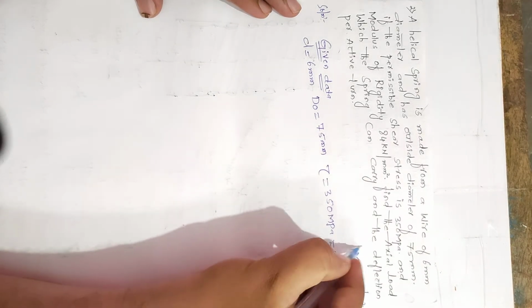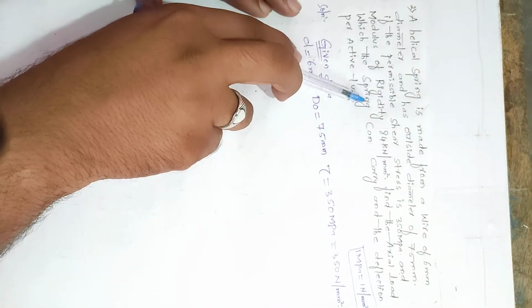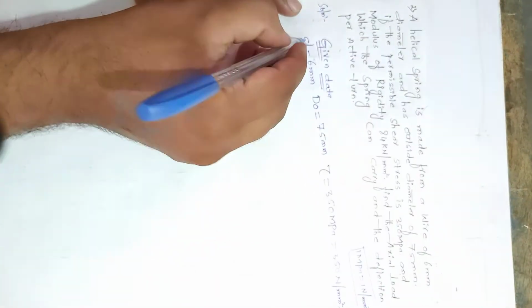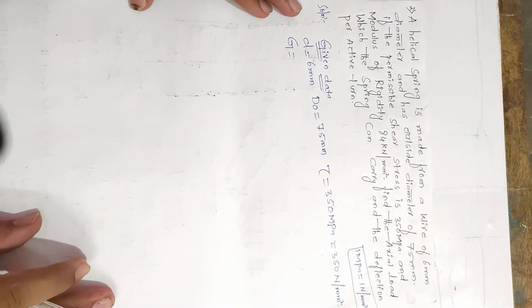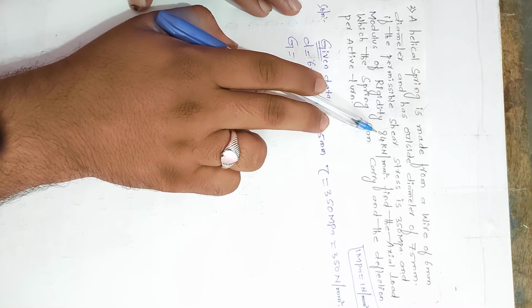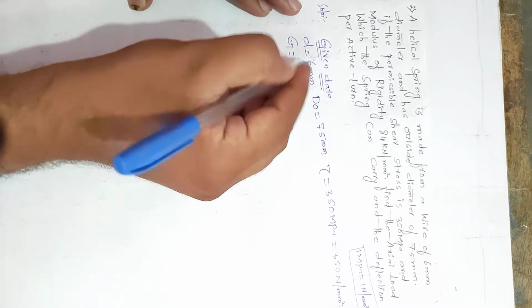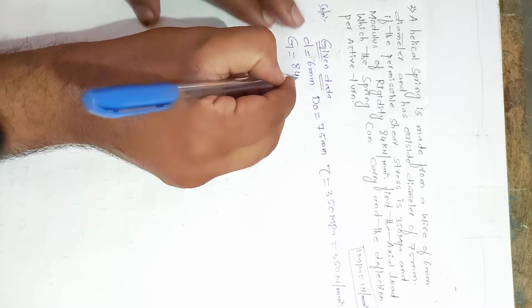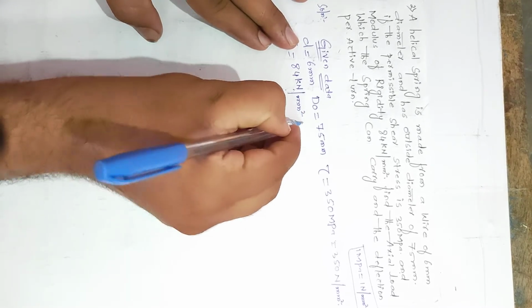And the modulus of rigidity is represented by capital G. How much is given? 84 kilo Newton per square mm.